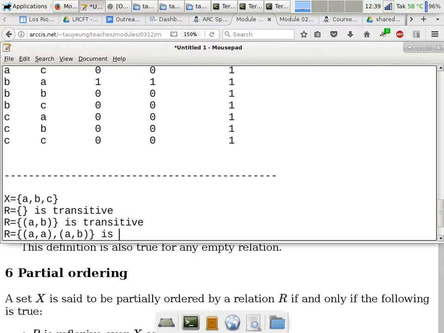ARA is true, ARB is true. But then you pick out E and G. E is A, G is B. Is ERG? ERG is true. So you have true implies true, which makes it true. So the whole thing is still true.